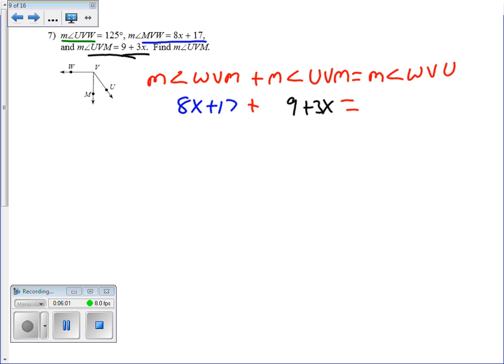WVU is the same as UVW. And we simplify the left, we get 11x plus 26 equals 125 degrees.